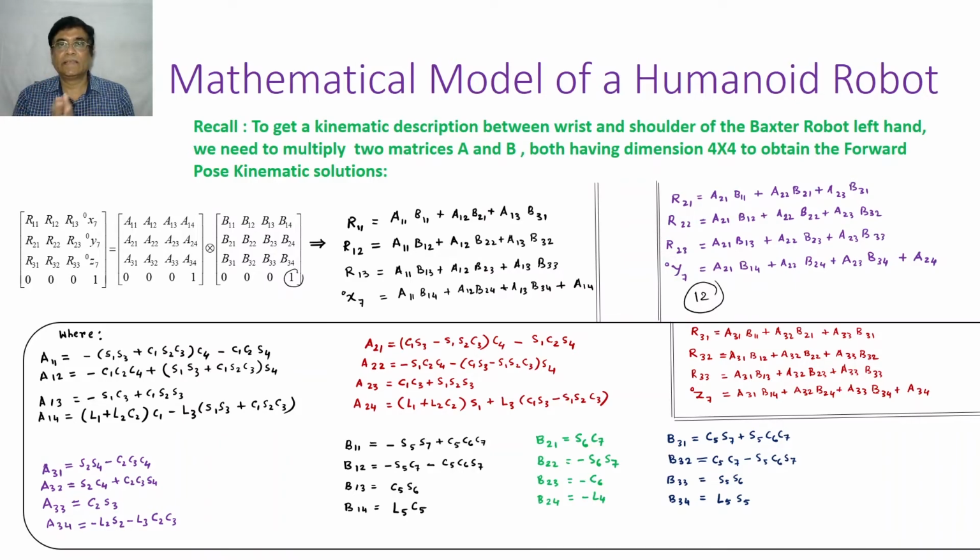You could easily get the forward pose estimation solution. That means the final pose of the vector, left hand or right hand, whatever it is, has been captured as a function of joint angles.